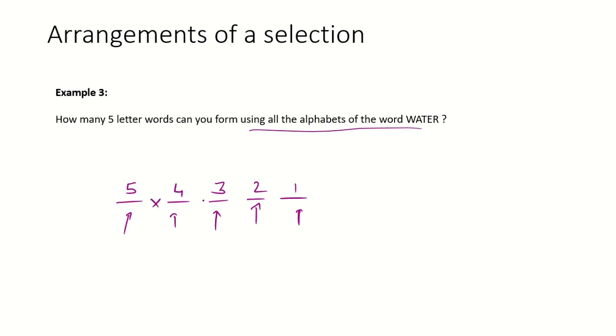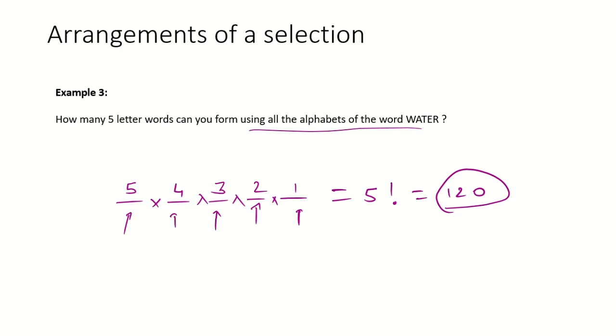So to find the number of arrangements, we just multiply it. So we get 5 factorial, which is 120. So this means we can form 120 5-letter words using the word water where none of the alphabets is repeated.